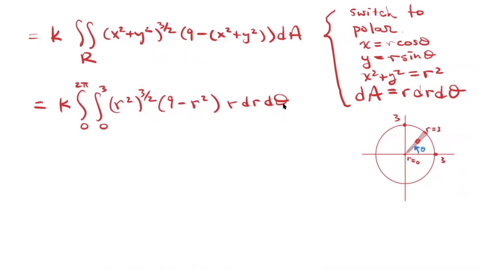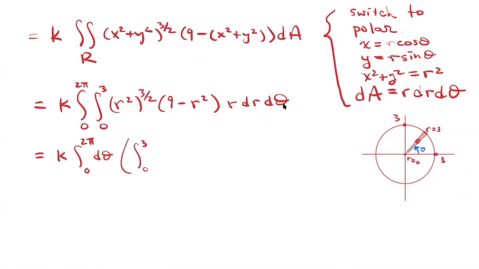Okay, now this is just plug and chug. In fact, these are constant limits, so you could break this into two integrals if you want. You could do k times an integral from 0 to 2 pi of just d theta, because all the rest of it is just constant, and multiply by the other integral from 0 to 3.